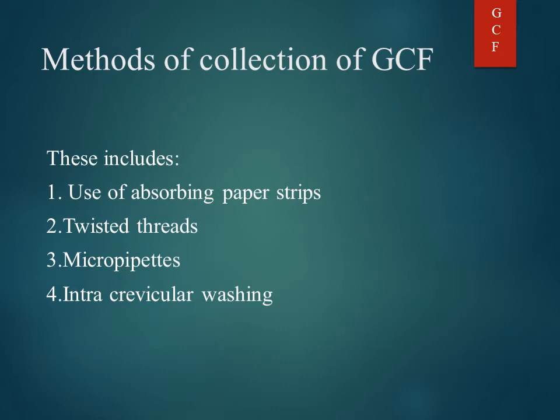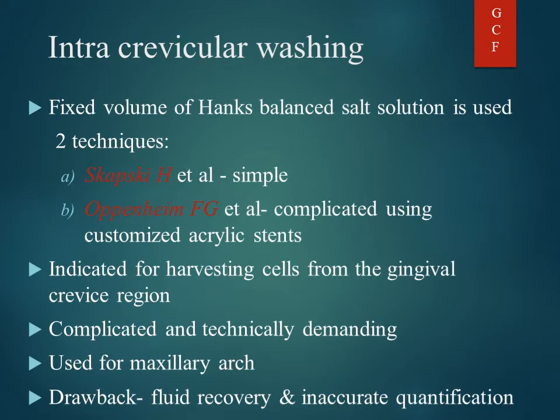Intracrevicular washing, as it suggests, is like flushing that area with a salt solution. A fixed volume of Hank's balanced salt solution is used, and it is sent inside the oral cavity. There are two techniques. One is using an acrylic stent, it washes all the gingival sulcus and you collect it back and you calculate the difference in volume.